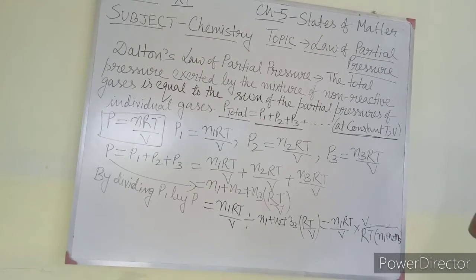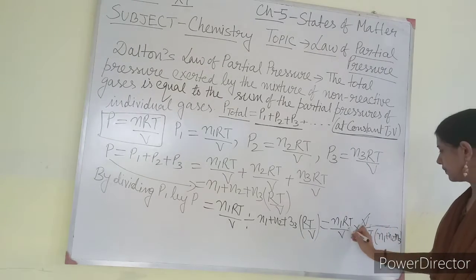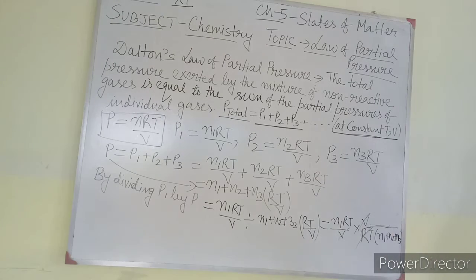So I can cut V and V, and I can cut RT. So you are getting P1 by P total equal to N1 by N1 plus N2 plus N3.